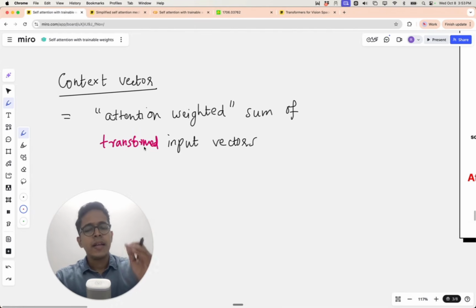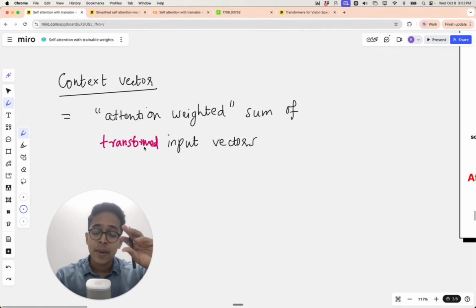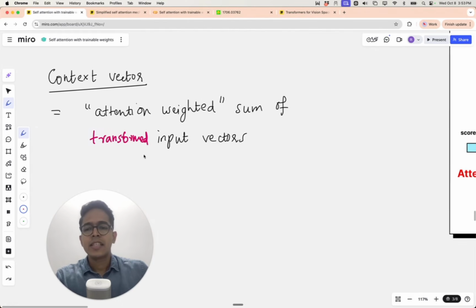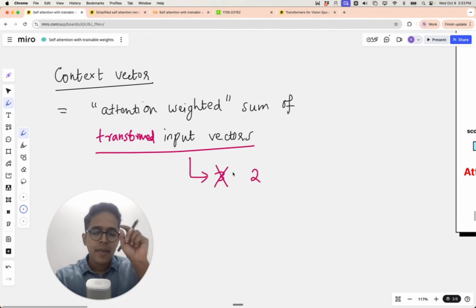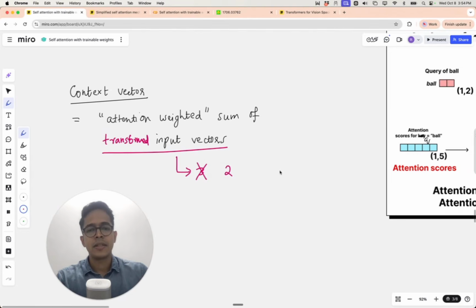We won't be using input vectors directly. We will be using input vectors that have been transformed into the value space. So the transformed input vector in the current example will not have 3 dimensions. It will have only 2 dimensions. And we take the attention weighted sum of these two-dimensional vectors in the value space to get the final context vector. So the context vector will also have only 2 dimensions.